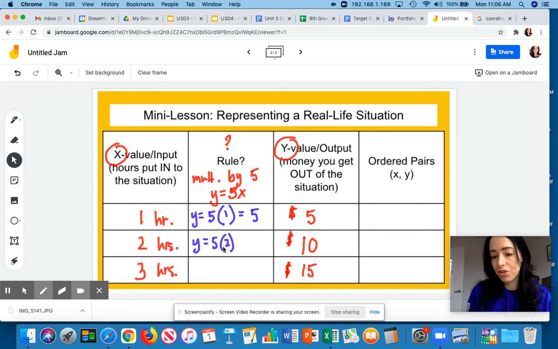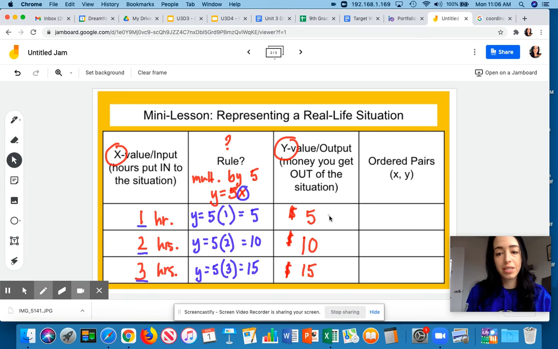So I'm plugging in 2 where the x is, which gives me 10. y equals 5 times 3 hours, which gives me 15. All right, so again, I just took whatever x was, so all of these are my x values here, and I plug that in where x is. Okay, I'm essentially evaluating the function.